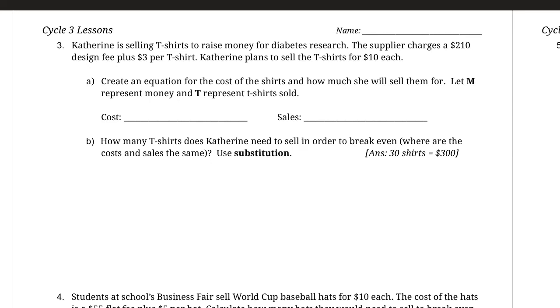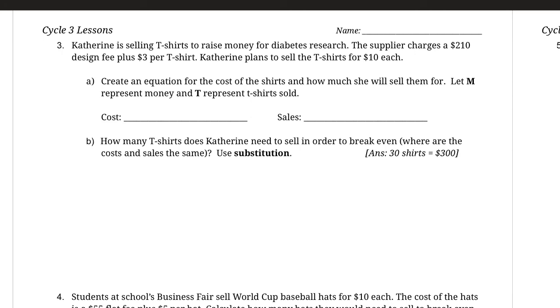Catherine plans to sell the shirts for $10 each. The point of this question is we want to know the break-even point, because it costs Catherine money to buy these shirts and then she's going to resell them. So we want to know how many shirts she has to sell to make a profit, because buying the shirts is going to be expensive at first, so she has to sell a lot to make up that price, right?